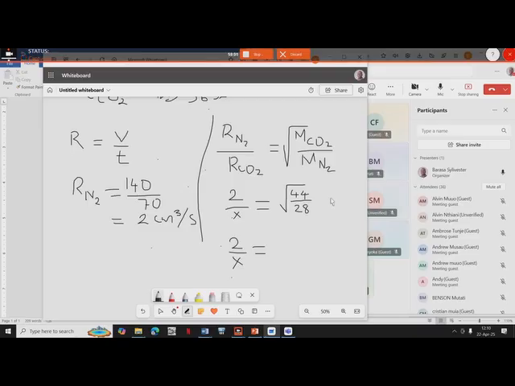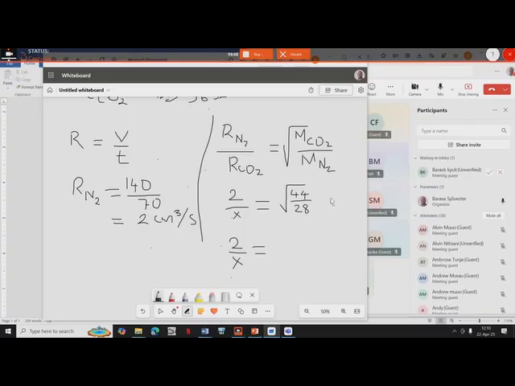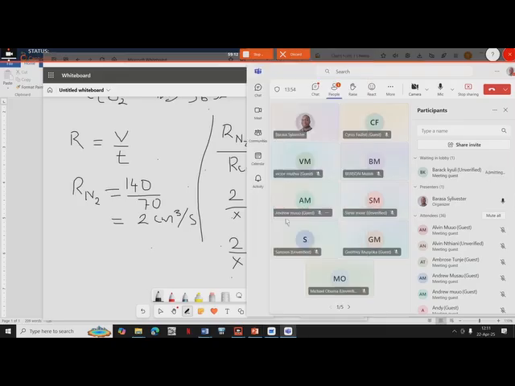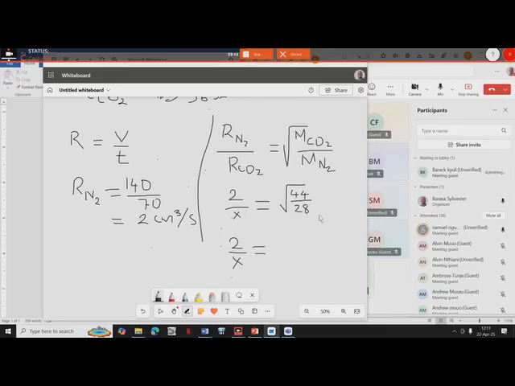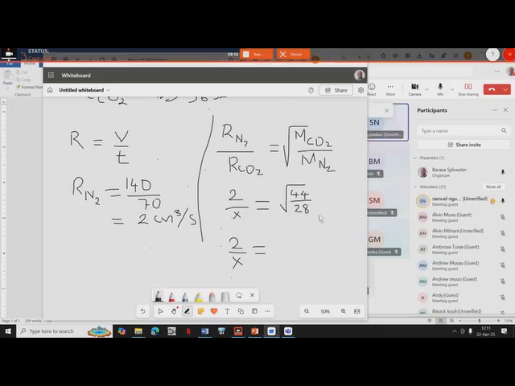So what is 44 divided by 28, then the square root? Unapata ngapi? 44 divided by 28, square root. Candidates.